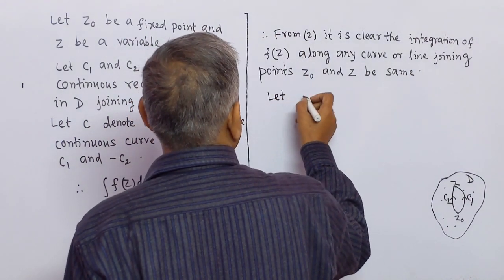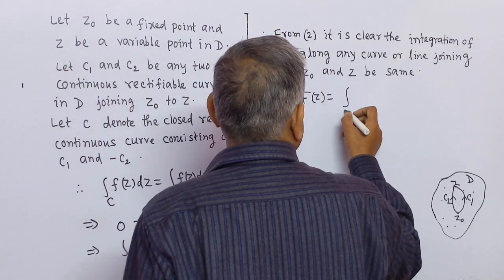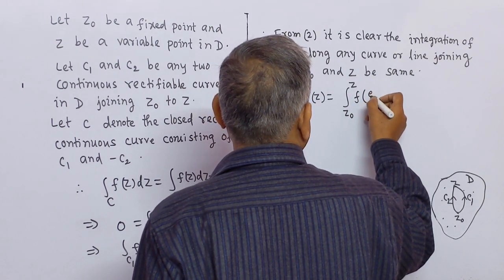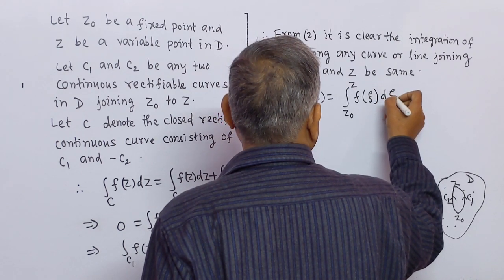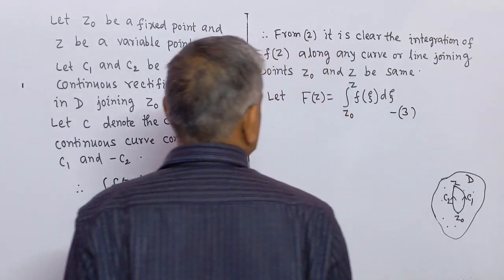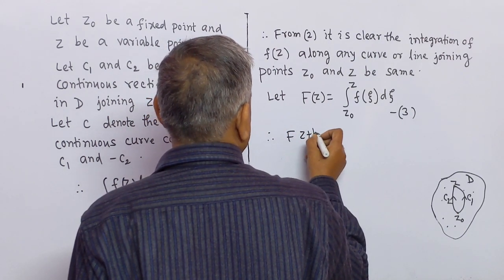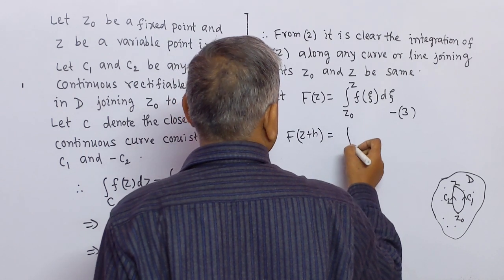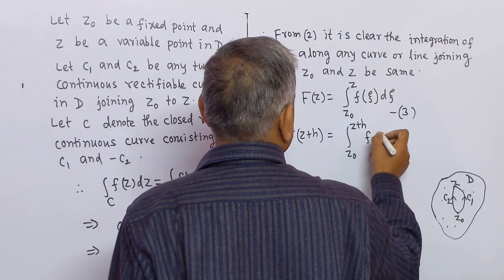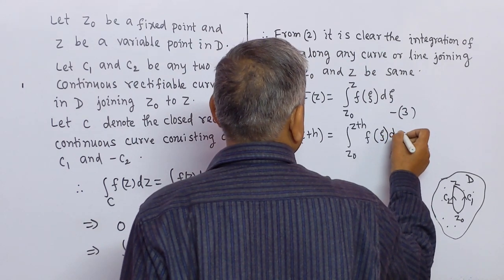Let capital F(z) equal the integration from z naught to z of small f(xi) d xi. Let this be number 3. Therefore, capital F(z plus h) equals the integration from z naught to z plus h of f(xi) d xi.